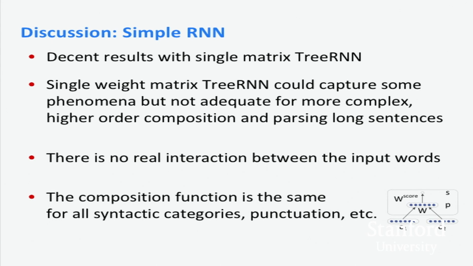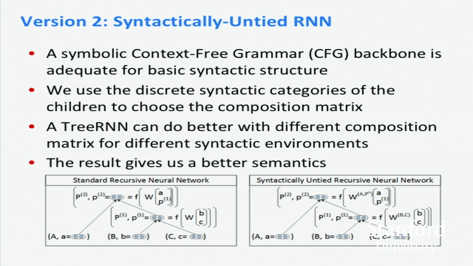And so an idea that seemed kind of neat was, could we get something more powerful by allowing more flexibility in the composition function for different kinds of syntactic constructions? And so that led to the idea of syntactically untied tree recursive neural networks, which actually proved to be a very successful idea for building high-quality parsers that parsed very well.